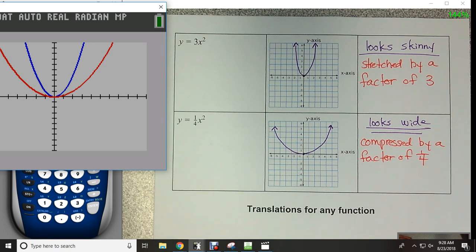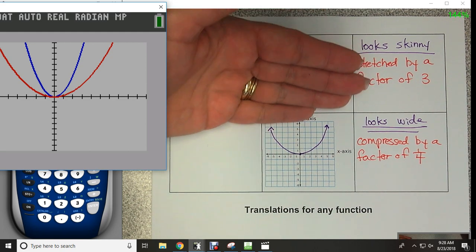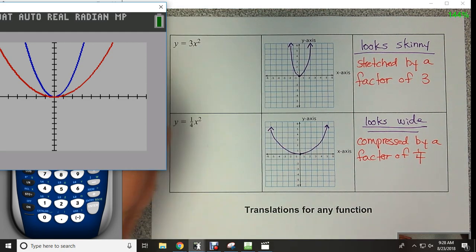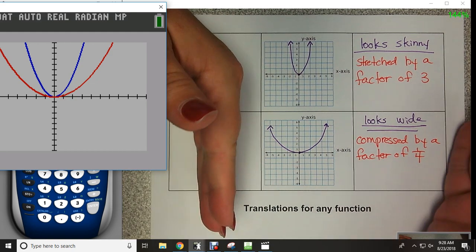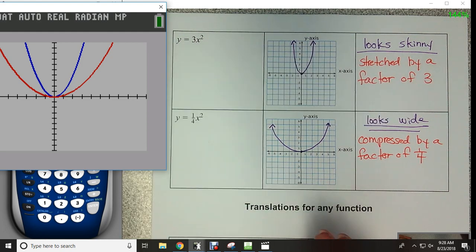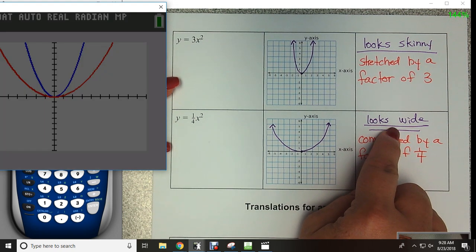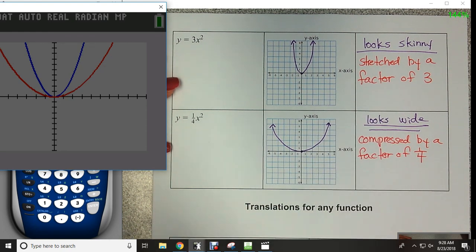And when I say it's compressed, that's like you've got something on top of it that is pushing down on it that forces the sides out wide. It's not compressed this way, it's compressed from the top down. So this is what you need to know if you're trying to sketch the graph. This is the vocabulary you need to use for Math Excel, and most standardized tests will also use this vocabulary.